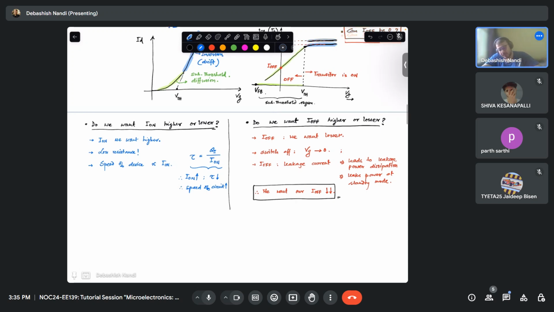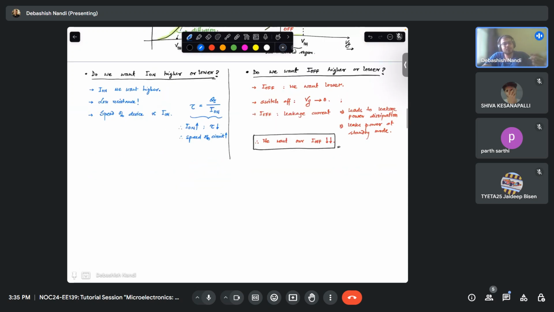Now, I have two scenarios. We want Ion to increase and Ioff to decrease. But as Jaideep has pointed out, it is not always possible to increase your Ion because of various factors.